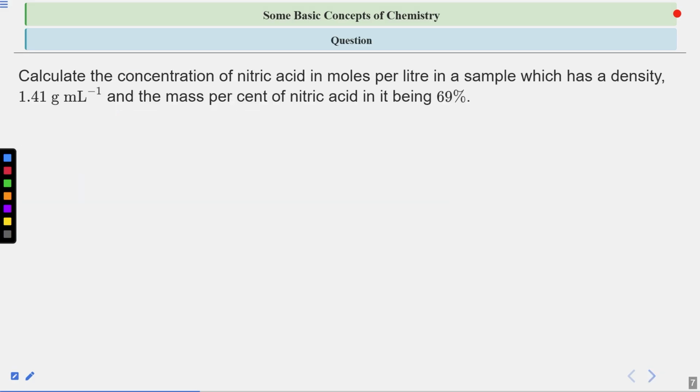Okay. Now moving on to our next question. Calculate the concentration of nitric acid in moles per liter if it has a density of 1.41 gram per ml and the mass percent of nitric acid is 69%. How we'll do it? Let's see.